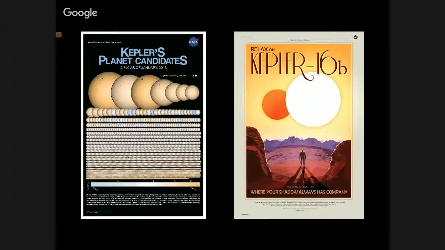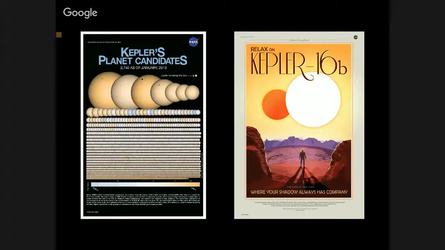And so the photo on the left is actually just, at this point, a small number of all of the planets that our Kepler spacecraft has found.